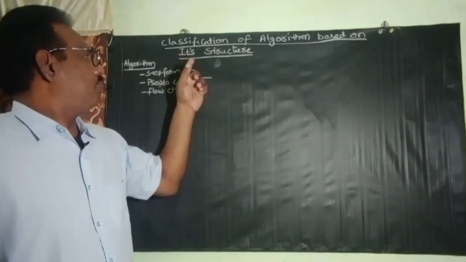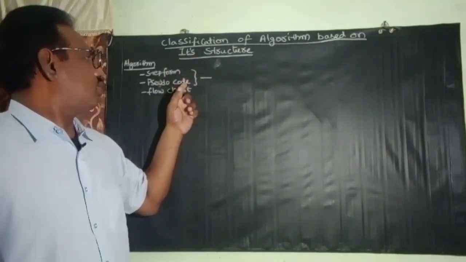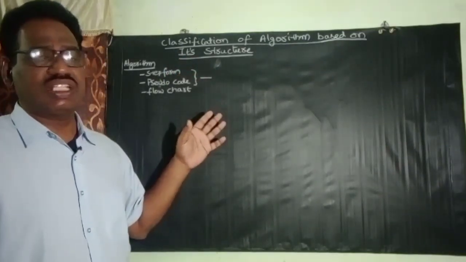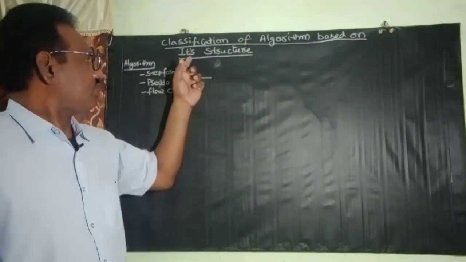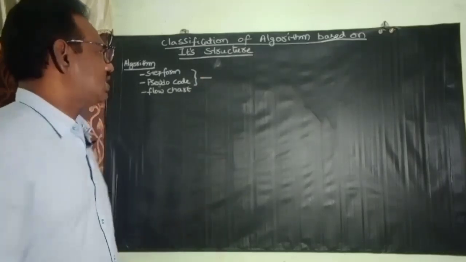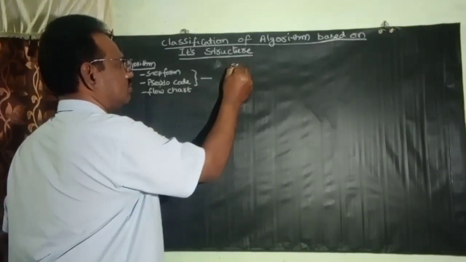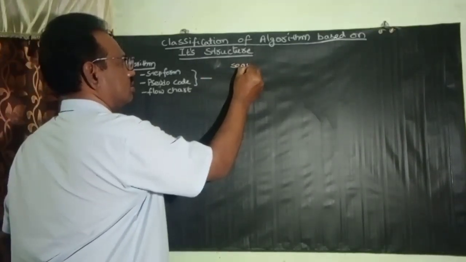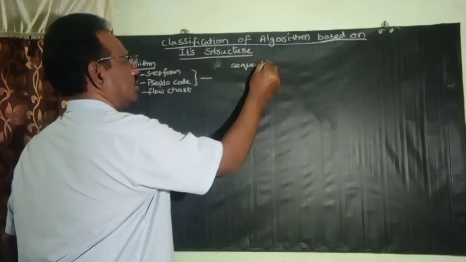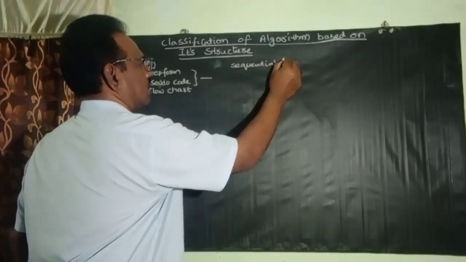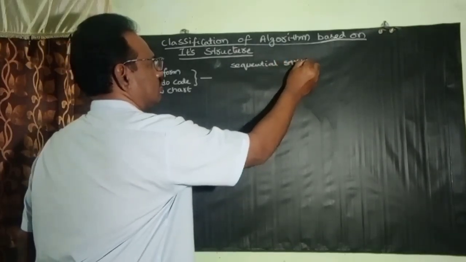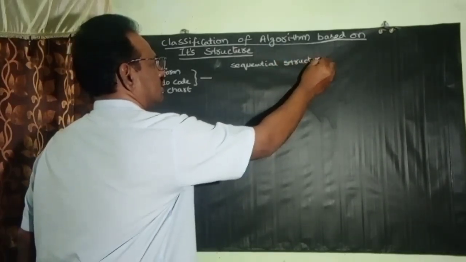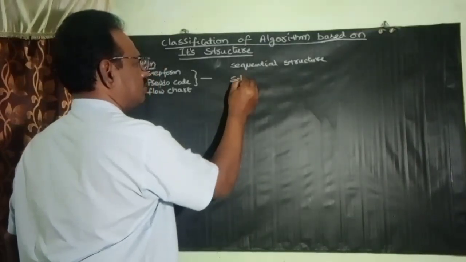In the step form and pseudocode form, based on the structure, we can classify algorithms into three types. One is the sequential structure algorithm. The other one is the selection algorithm.